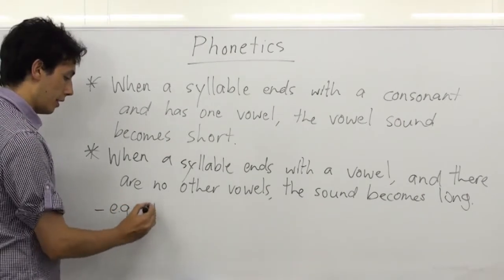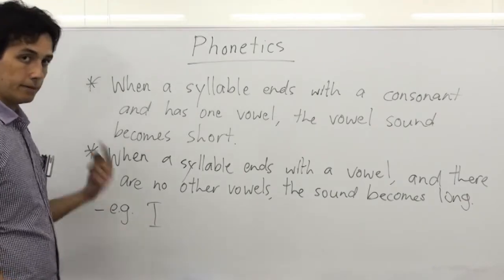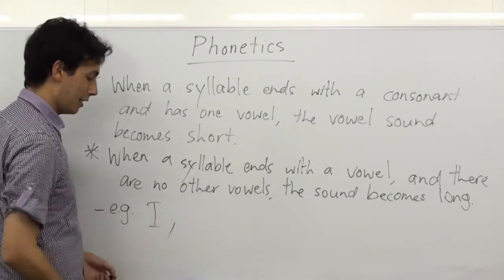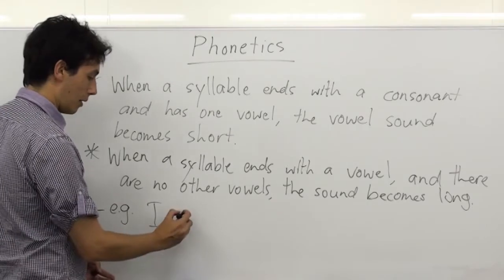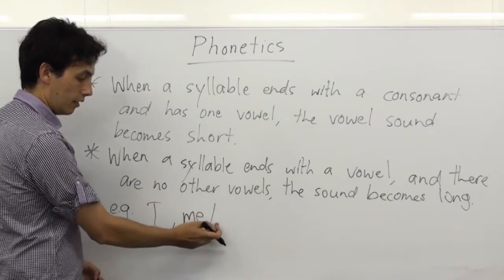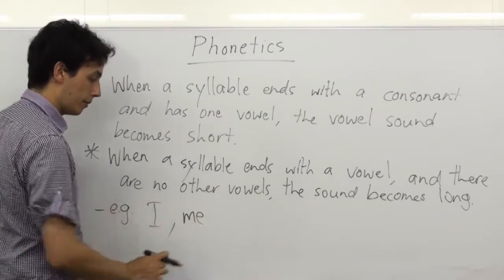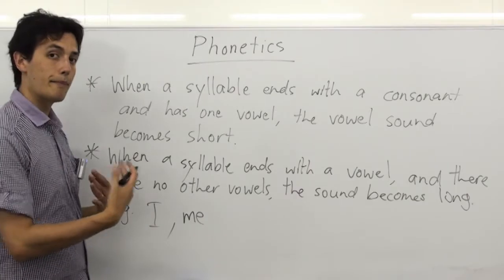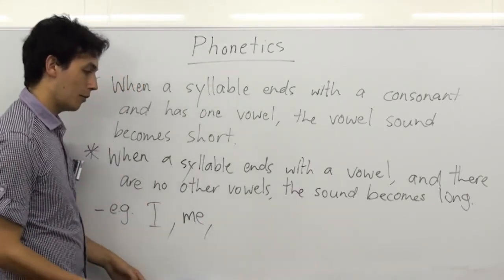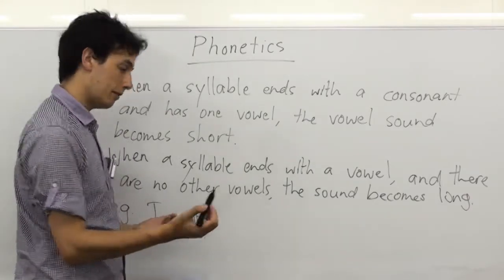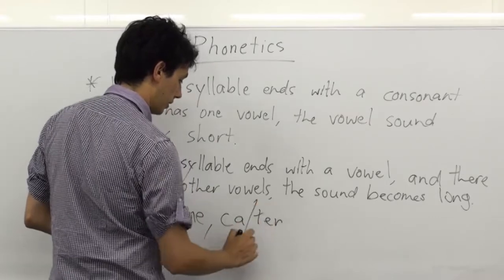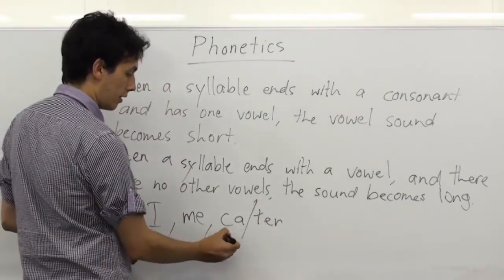This time our examples are quite easy. One syllable word, I. See, there's no consonant, so obviously it becomes a long sound. Also, me. See, there's nothing here, so E becomes a long sound. Me. I and me. Then, different word. I used to be a chef, so how about cater? If we show the syllable there, cater.